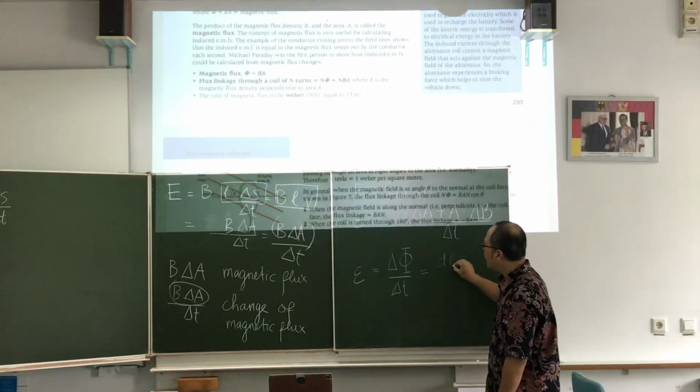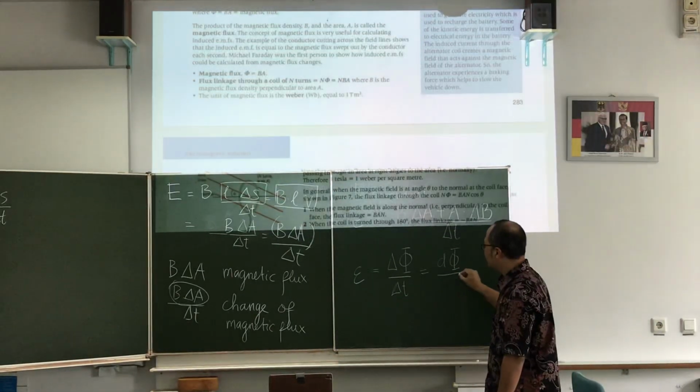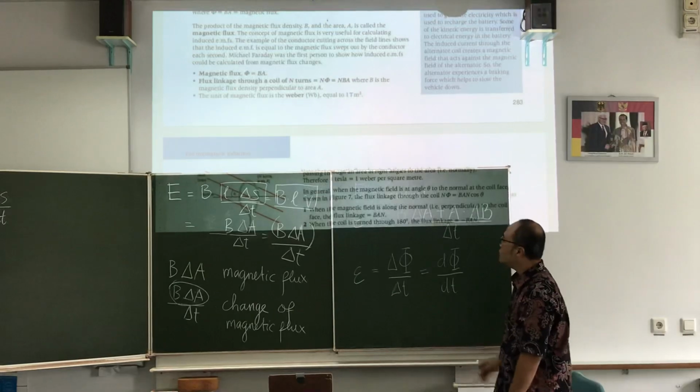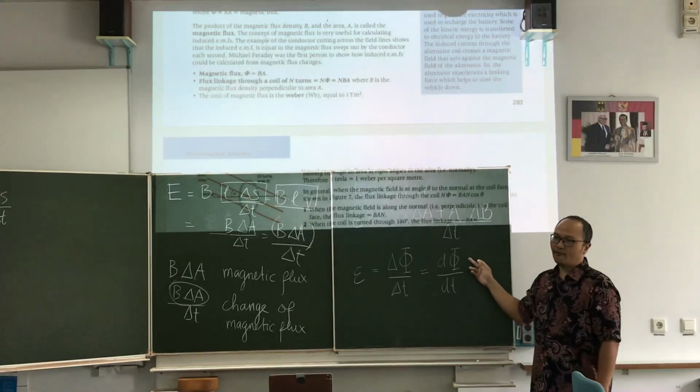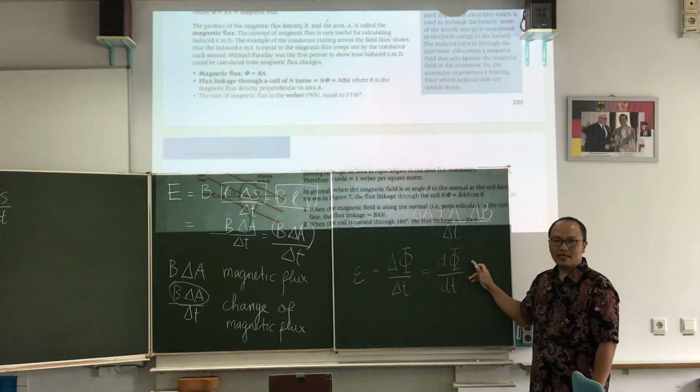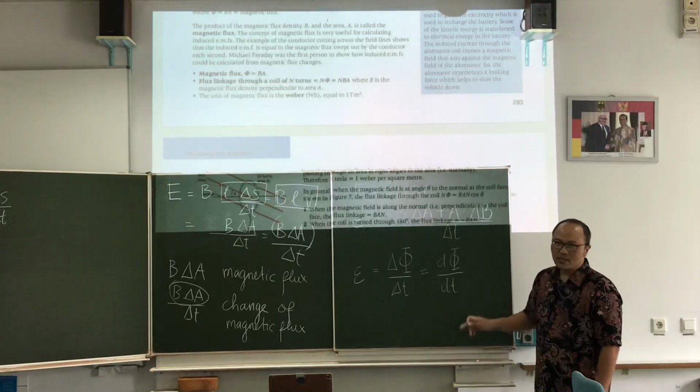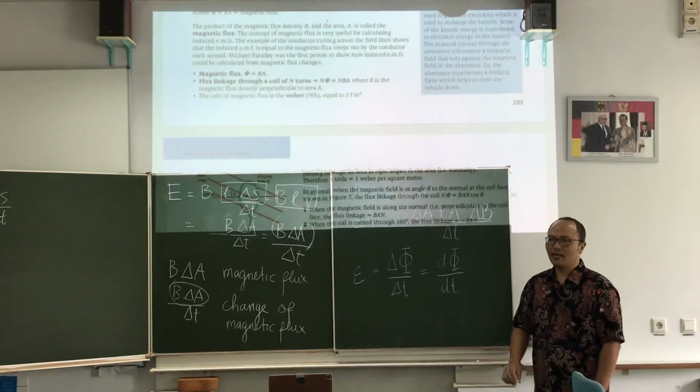Actually, the best one is the differential of flux Phi with respect to dt. That's the best formula.